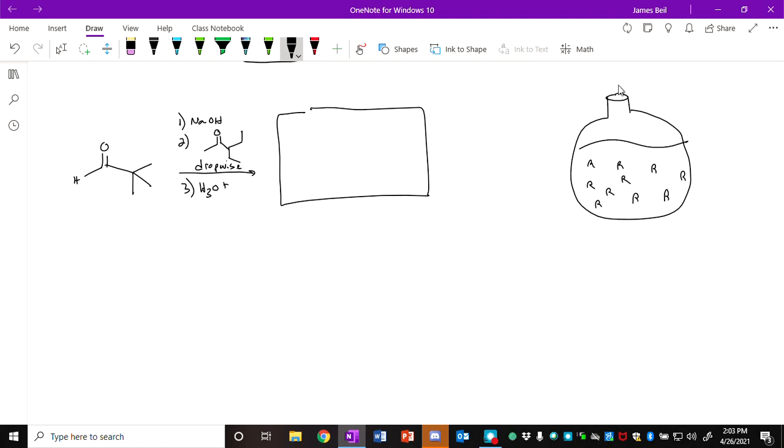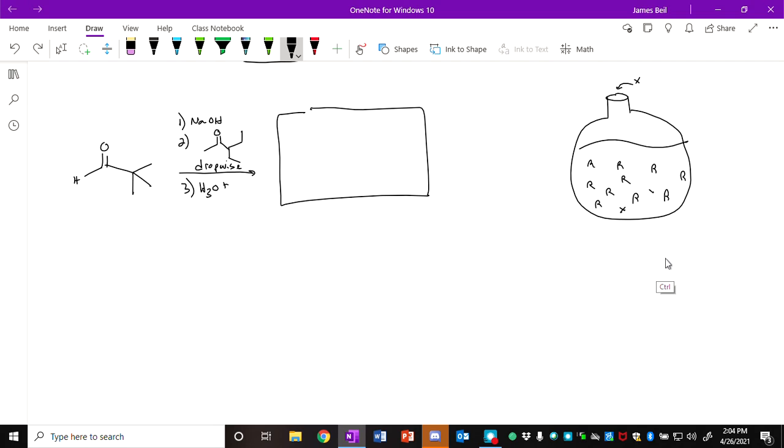If I have another reactant, we'll just call this X, and I add X, if I start with a whole bunch of X, if X can react with itself, that could be an issue. If I want X and R to collide, but X and X are capable of reacting together, then they're also going to collide together often. And so that's a problem.